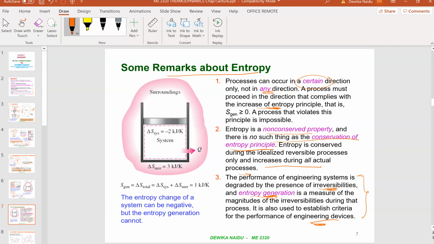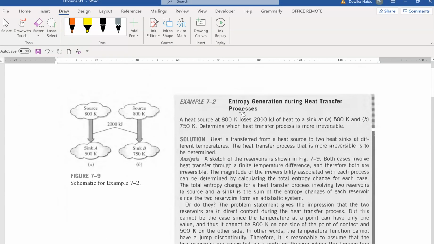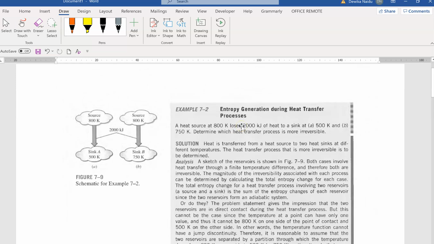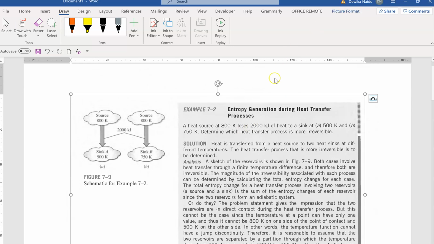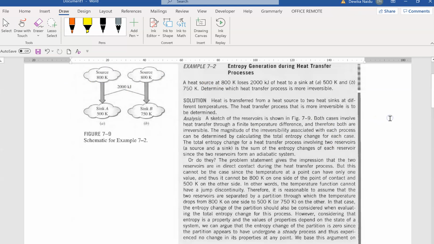So with this, let's move on to an example that I picked from the textbook. Let's discuss this example. This is the question: a heat source is at 800 Kelvin for both. Heat loss is 2000 kilojoule for both.